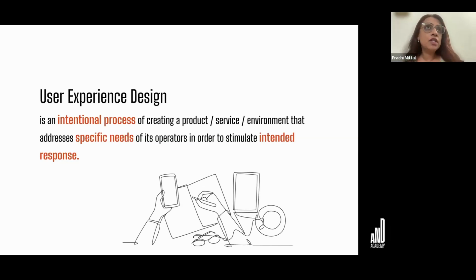Or maybe I want them to save some of their shows which they may want to watch later, and that's my intended response, and which is also a need of the user, because sometimes you see trailers, sometimes somebody has told you about a show but you don't have the time to watch it right now, and that's your need. That where do I remember, how do I remember, because one day when I want to actually watch something, that day I can't find it, but I remember Kirti told me about this, or I had saved this at I wish I had saved it, what I saw that day.